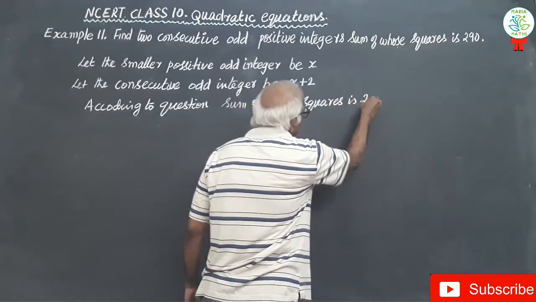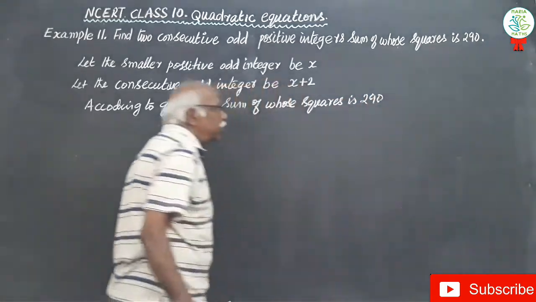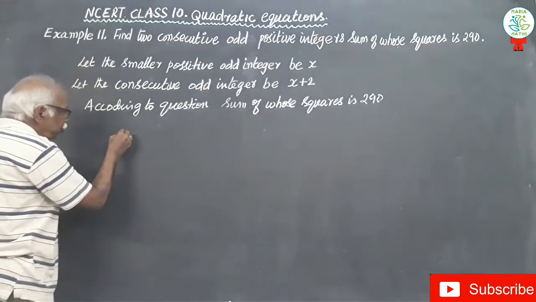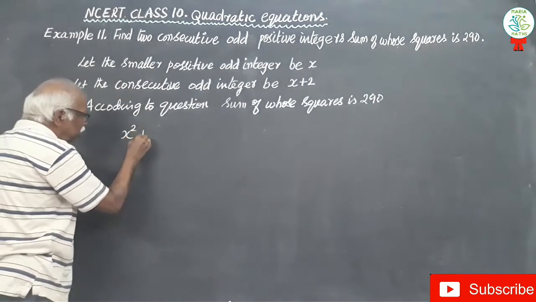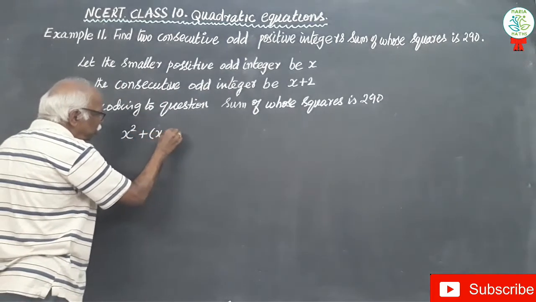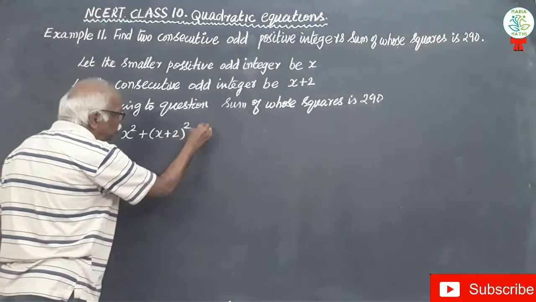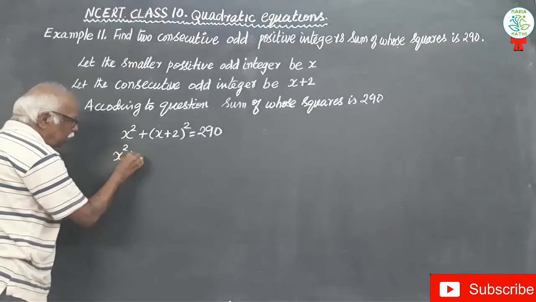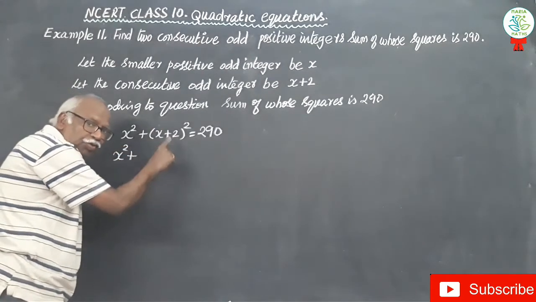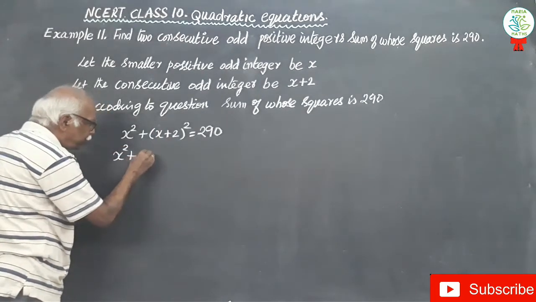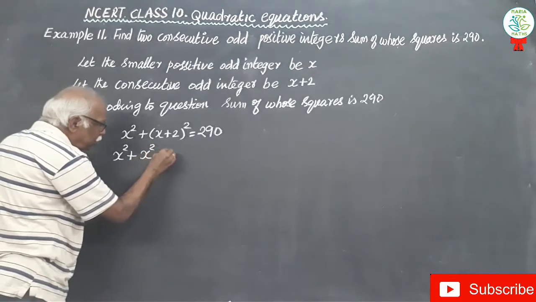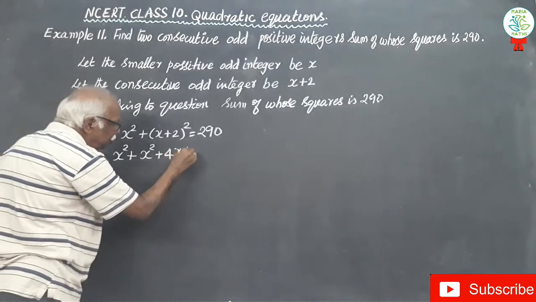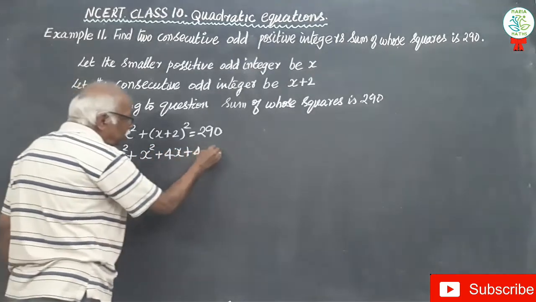That is x square plus (x plus 2) the whole square equal to 290. இப்போ (a plus b) the whole square பண்ணா a square plus 2ab plus b square.